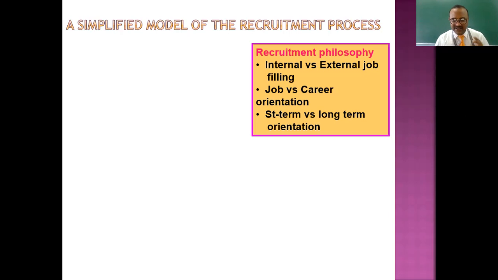Internal, external. Second, are we looking at a candidate who we just want them to come and do the job, or are we looking at somebody whom we want to groom for a career? All right, so job versus career. Job is short term. Right now, this particular position is vacant. Because let's say, for example, a woman employee has gone on maternity leave. So about 6 months to 1 year, this lady will not be reporting to work.